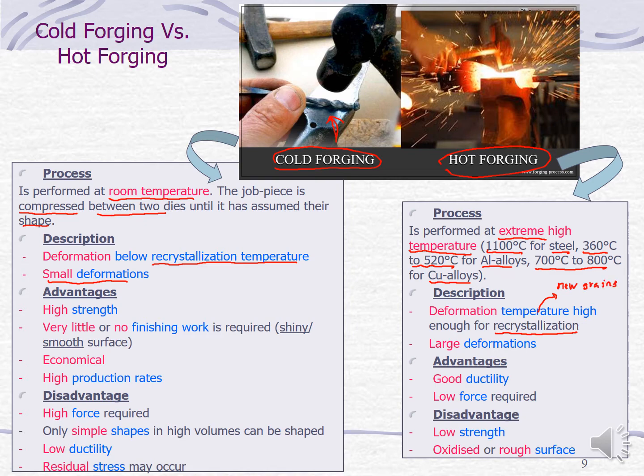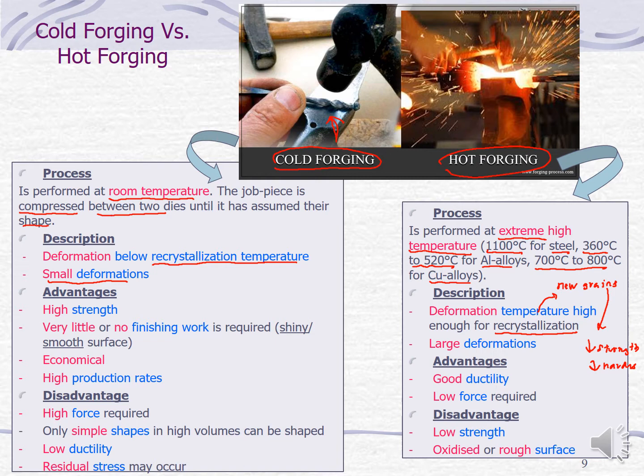Okay, these new grains will have properties of low strength and also low hardness. It is because the temperature during the process has softened the metal.